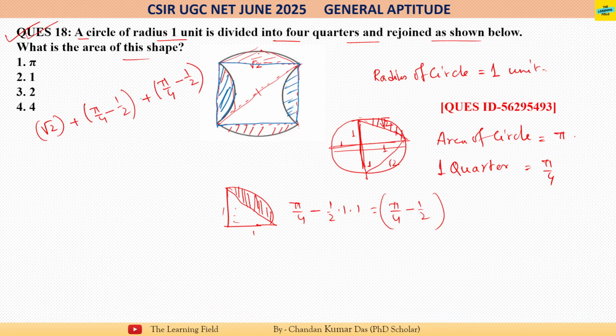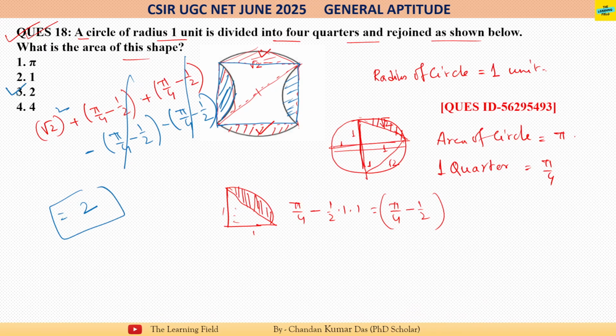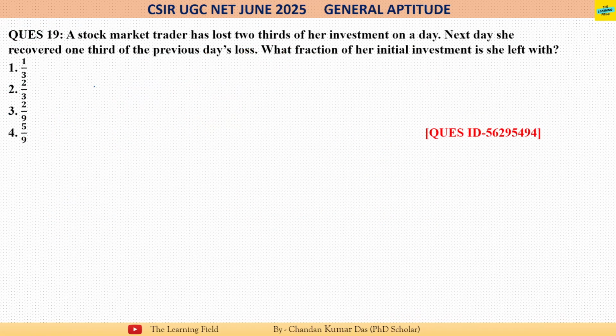These two are added, that is this portion and this portion were added, and then minus the blue shaded area. Similarly, pi by 4 minus half plus again minus, this is also minus pi by 4 minus half. Fine. So these 4 actually cancel out, and root 2 square, that is 2, is the correct answer. Option 3. Fine. Next question.